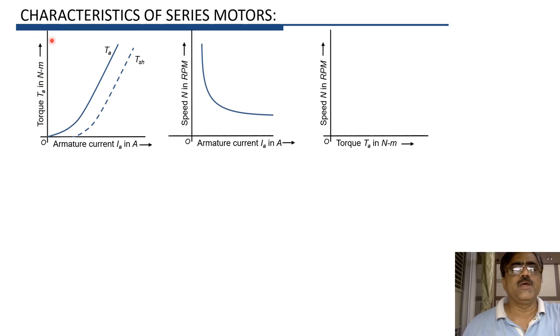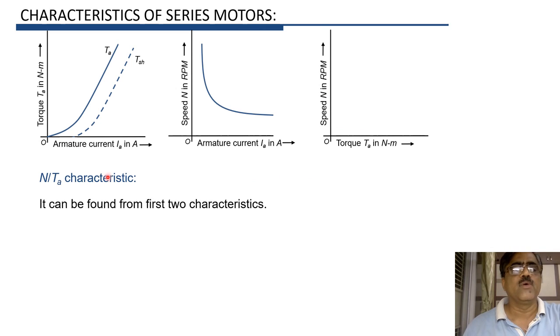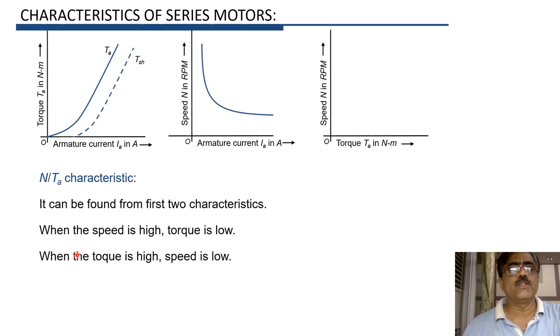Let us now see the third characteristic of series motor, that is the N-TA characteristic. This characteristic can be found with the help of the first two characteristics, that is the TA-Ia and N-Ia characteristics. Here you can see that when the speed is high, the torque is low, and when the torque is high, the speed is low.